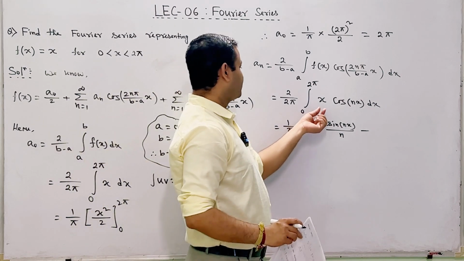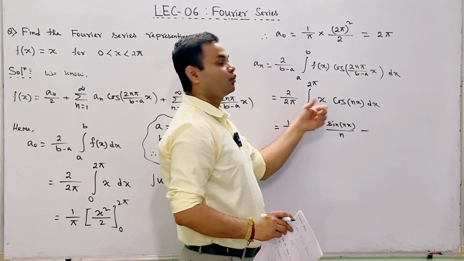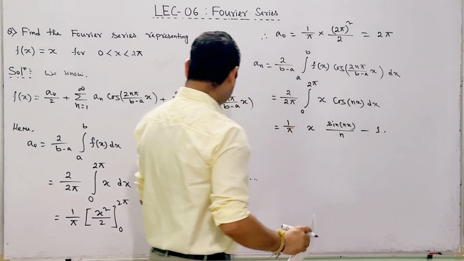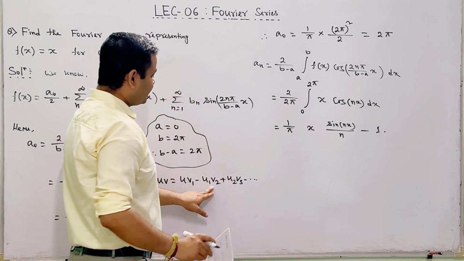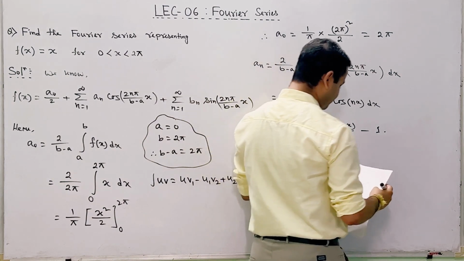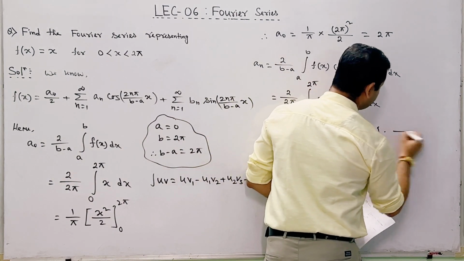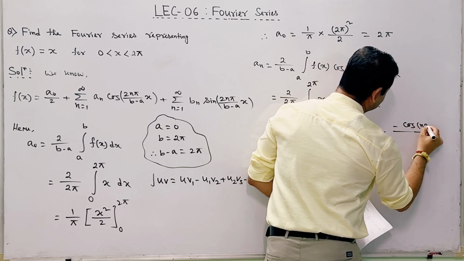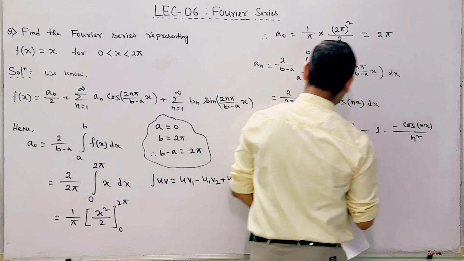So differentiating x with respect to x we will get 1. Next v2, integration of this part. So after integrating we will get minus cos nx into n square.